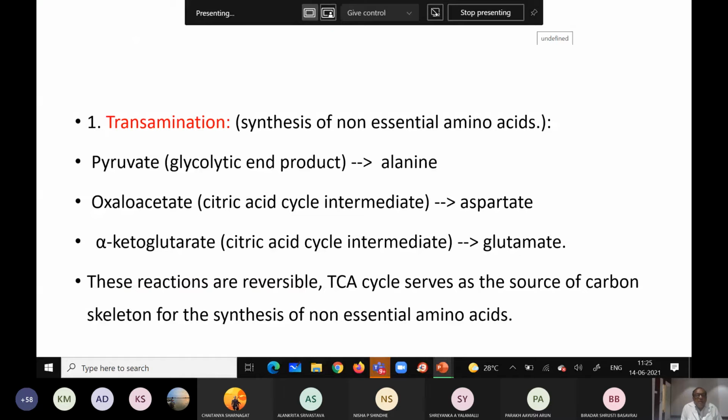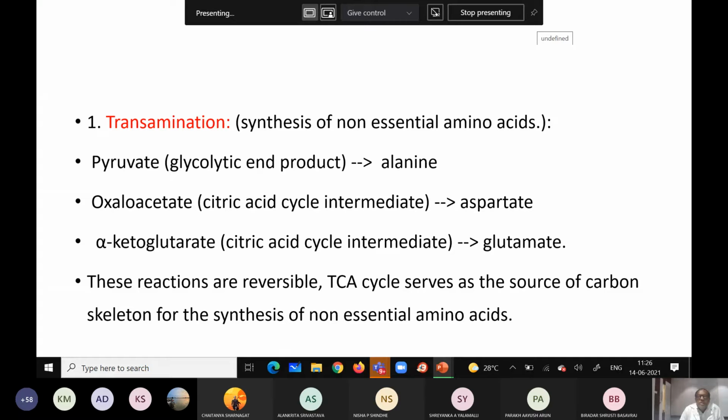First is transamination. Transamination means the transferring of an amino group from the amino acid to the keto group, which will be considered in the metabolism of proteins. That way you will learn about it very elaborately.